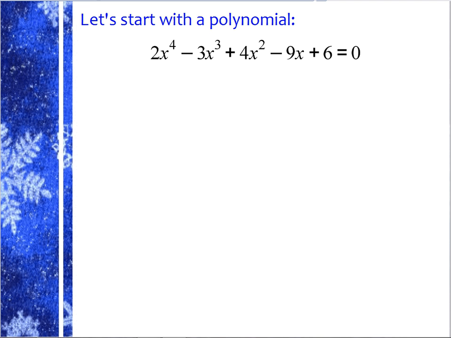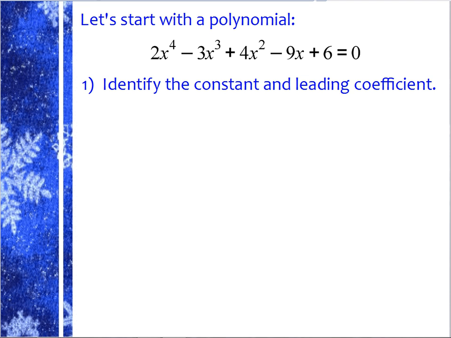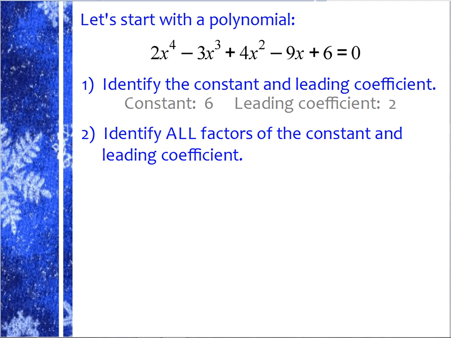Let's start with a polynomial. First thing you're going to do is identify the constant and the leading coefficient. The constant in this case is a positive 6. Our leading coefficient is 2. We're going to then identify all factors of the constant and the leading coefficient.